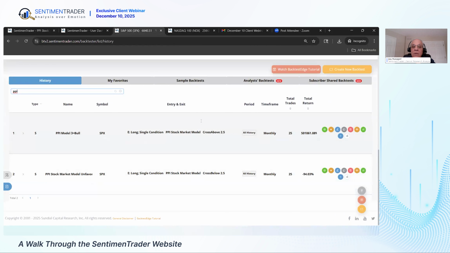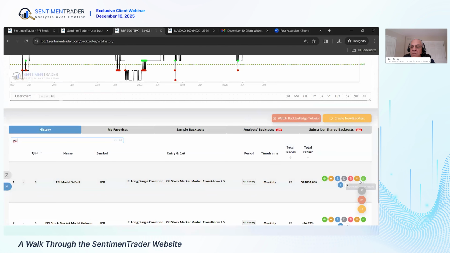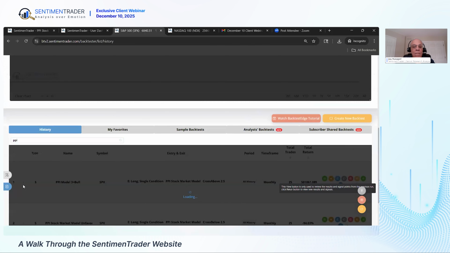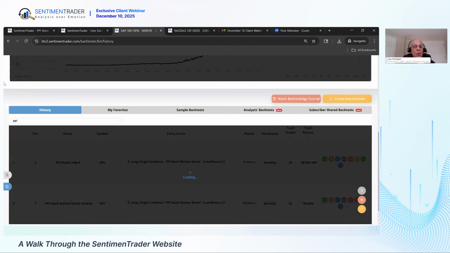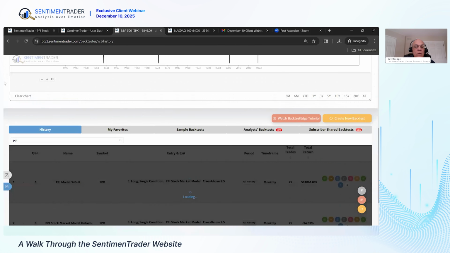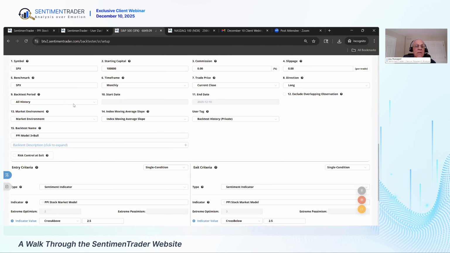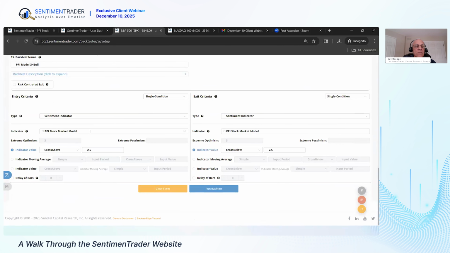So anytime it crosses above here, and let me just bring this one up, and I'll show you the rules and then the results. So the setup for this one goes all the way back to the 1920s. We have data going all the way back, so it's interesting.